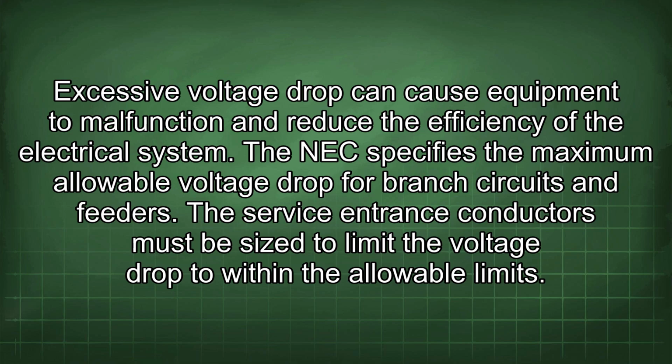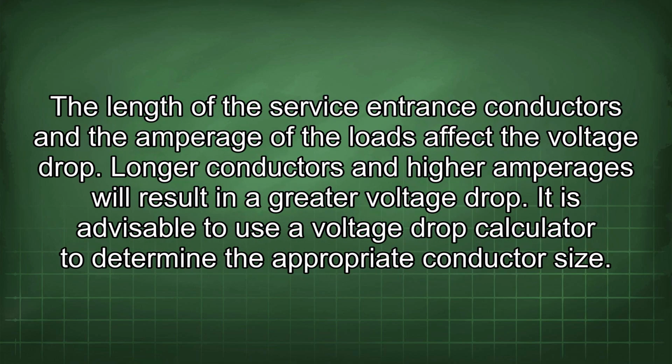The service entrance conductors must be sized to limit the voltage drop to within the allowable limit. The length of the service entrance conductors and the amperage of the loads affect the voltage drop. Longer conductors and higher amperages will result in a greater voltage drop. It is advisable to use a voltage drop calculator to determine the appropriate conductor size.